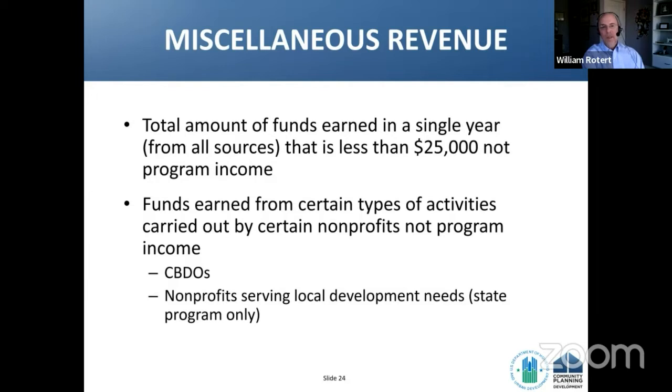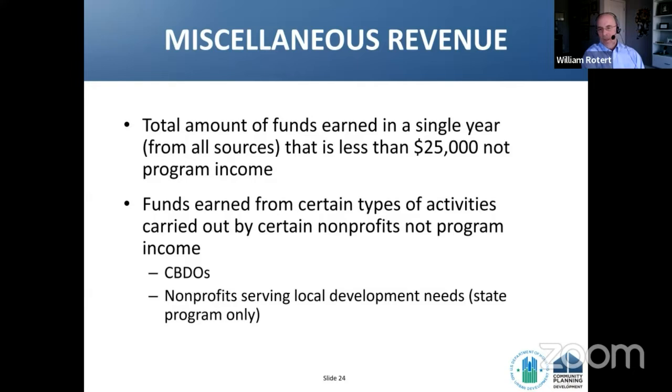Funds earned from certain types of activities carried out by the nonprofits. That would include things done by community-based development organizations, that group of organizations that's contained in your CDBG regulations that are oftentimes exempted from other federal requirements or other CDBG requirements, and nonprofits that are serving local development needs.